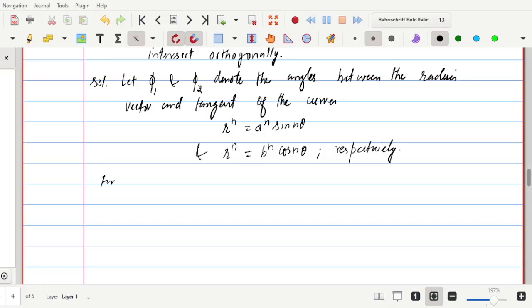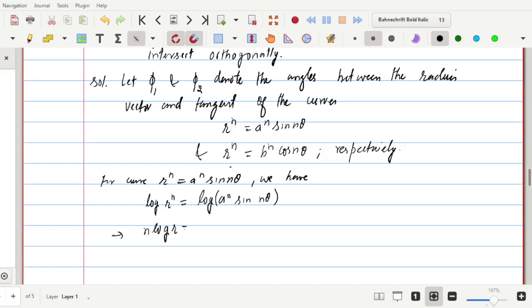So for the curve r^n = a^n sin n theta we have: in order to take the derivative of this curve, we should apply log on both sides, which gives log r^n = log of a^n into sin n theta. So this gives n log r = n log a + log sin n theta.